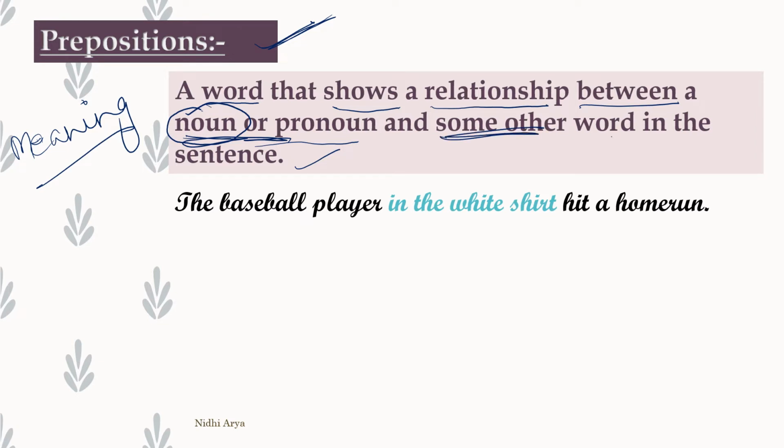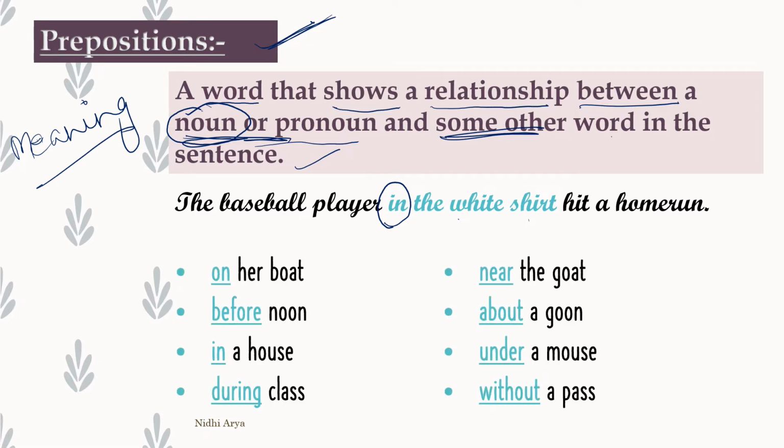If you see this example, it says: the baseball player in the white shirt hit a home run. Here, in is the preposition. If we remove this word in from here, then what do you get?